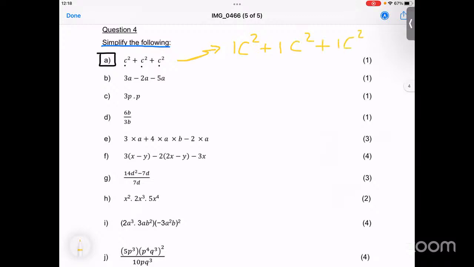So all you have to do is add all the like terms. Similarly, with these, compare the letters. Are they the same? If they are the same, you just work out those coefficients, and the letter remains.